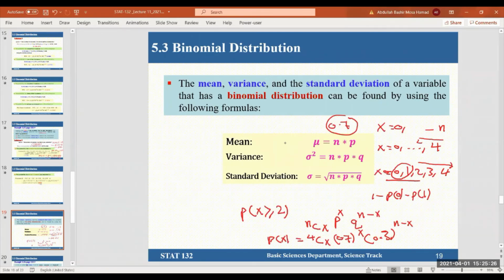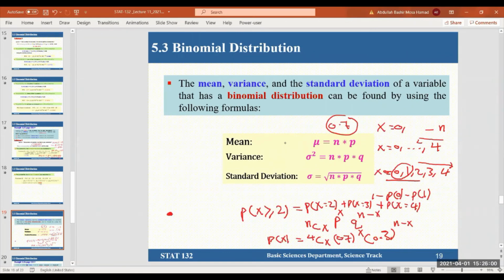At least 2 means P of x greater than or equal to 2, which means P of x equal to 2, plus P of x equal 3, plus P of x equal 4. So instead of x, we put 2 and get the probability value of P of x equal to 2.